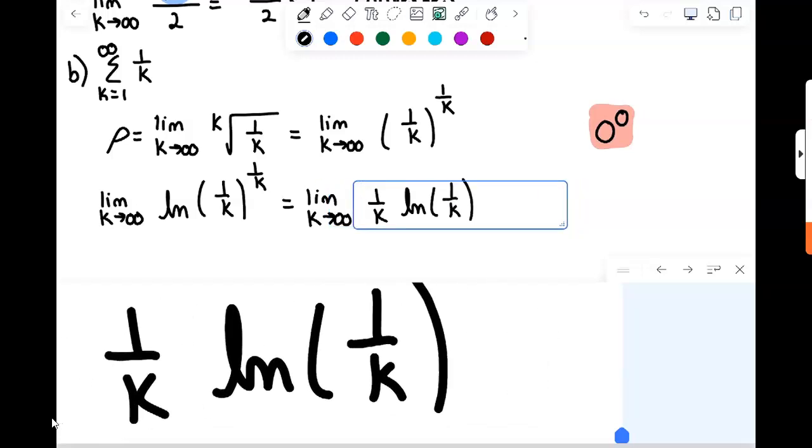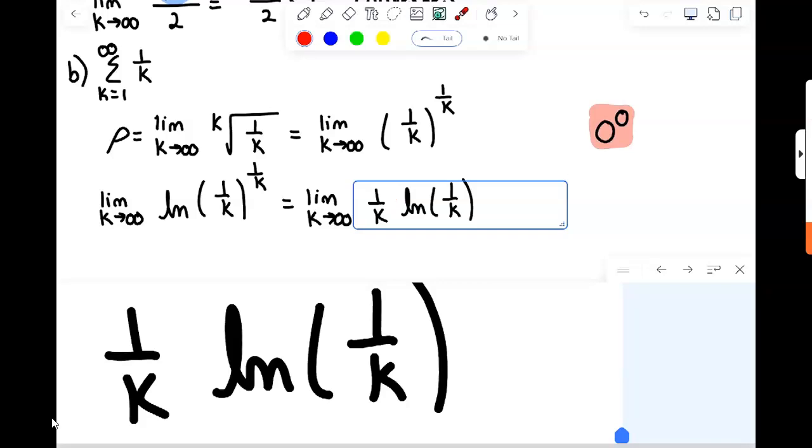And at that point we have transformed the problem into a 0 times infinity limit. 1 over k as k goes to infinity is 0. As 1 over k goes to 0, ln is going to go to negative infinity. So we now have an infinity times 0 limit.